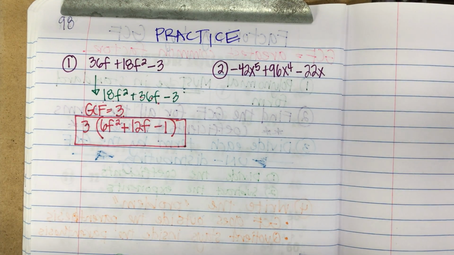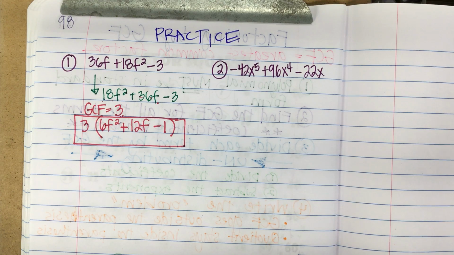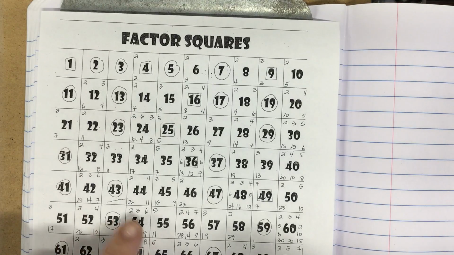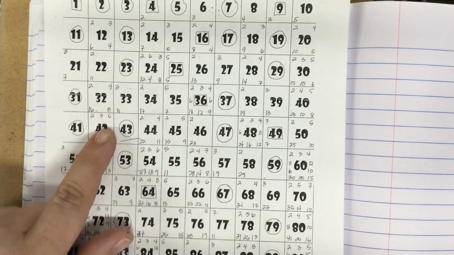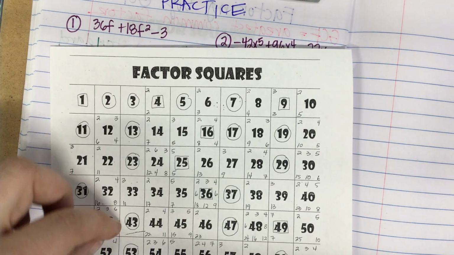What can negative 42, 96, and negative 22 all be divided by? You're just guessing. Look at 42, look at 96, and look at 22.